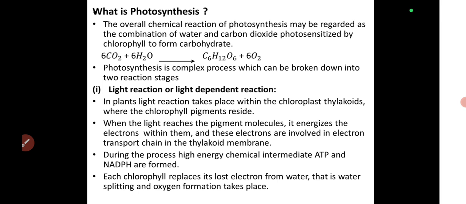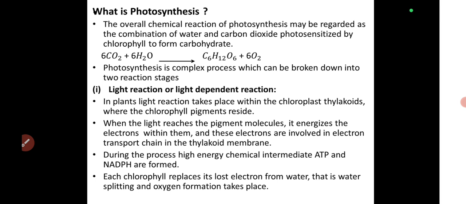So each chlorophyll replaces its lost electron from water. See, whenever there is an excitation of electrons, the electrons are removed or ejected. So these lost electrons are replaced by decomposing water.